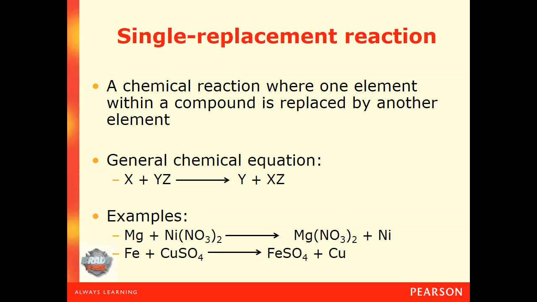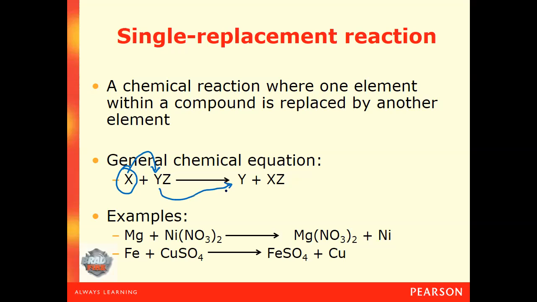Replacement reaction. Now, I said in the introduction, replacement reactions occur when we have basically components of the reactants switching places with each other. And so we can see in this reaction where that has occurred. Element X here has decided to kick element Y out of the compound.